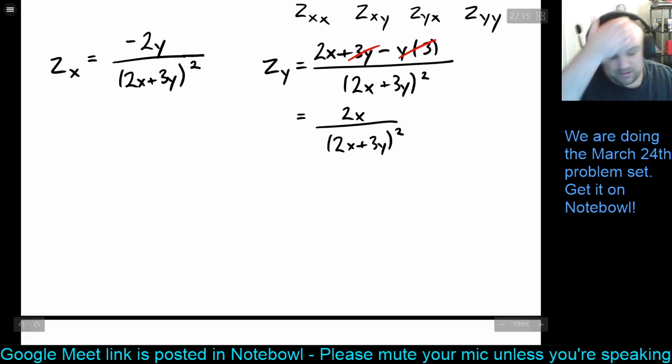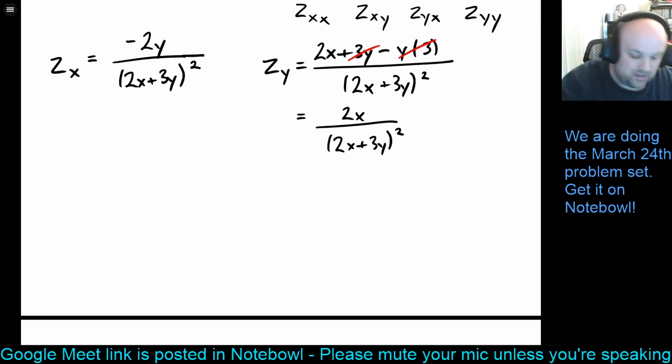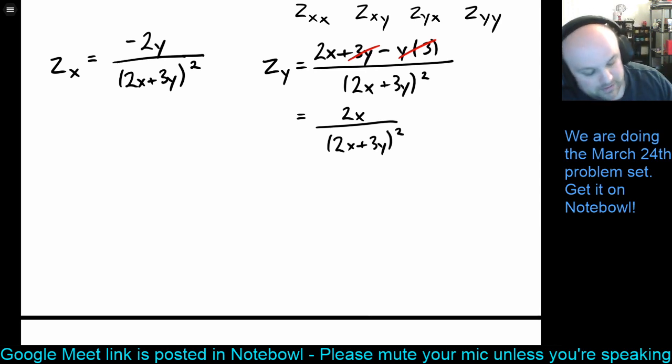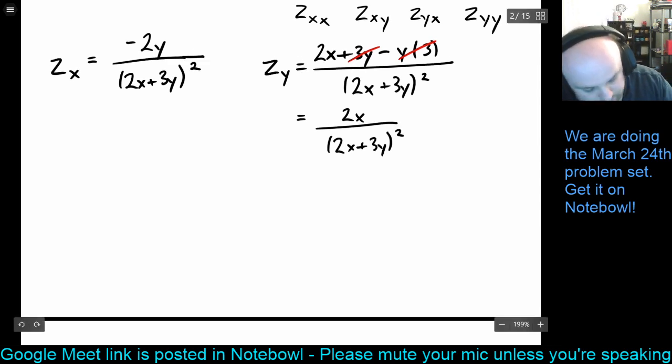So now that we have both first derivatives, we can take both derivatives of each of those to get our second derivatives. So zxx is going to be taking a derivative of this.